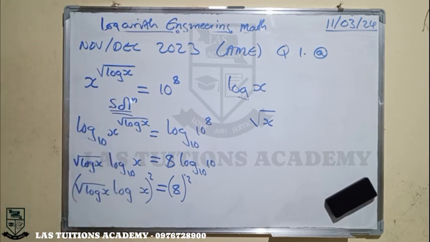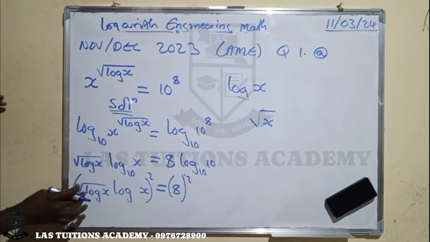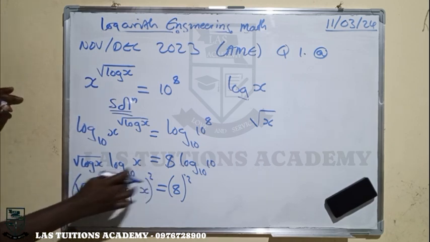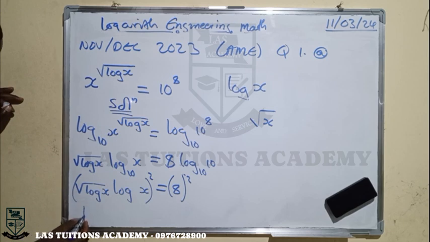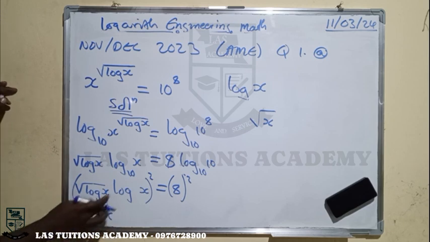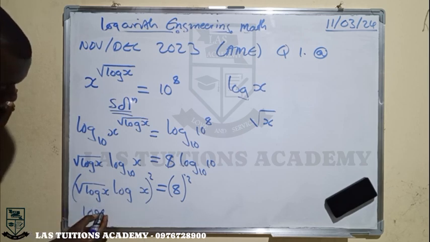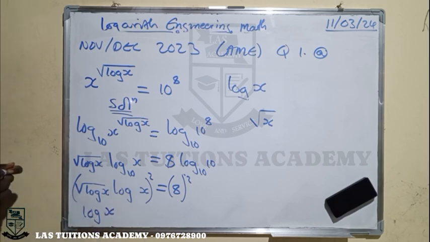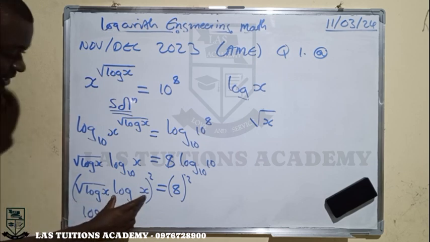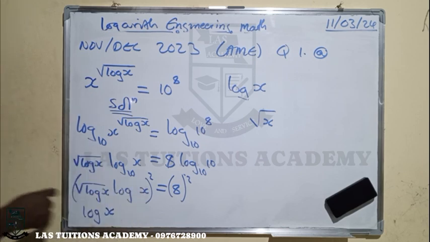Okay. So what Brandon is saying here is this square will cancel with that root, so we're going to have log x. Then this one is not a base, it's actually what we are looking at, log x. But the base is 10, like I was explaining. So this log here, since it doesn't have a root, it will be squared.